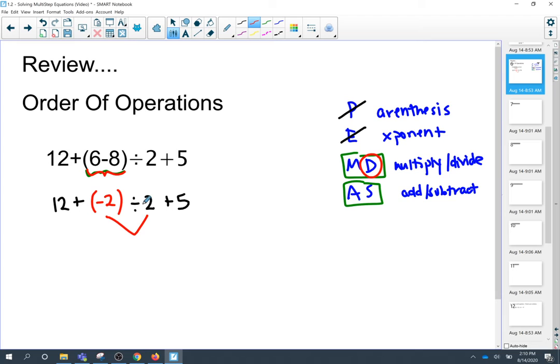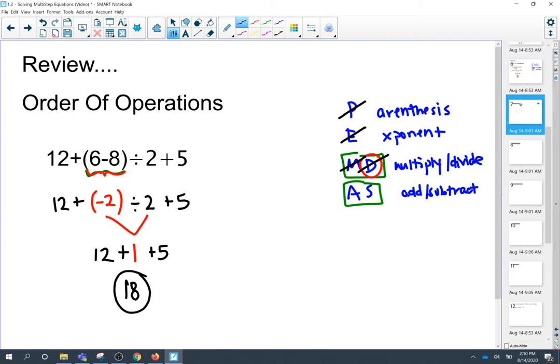So -2 divided by 2 is -1. Then I bring down. I had a plus 5. I had a 12 plus. Division is gone. There was no multiplication. Addition or subtraction, I just have addition. So at this point in time, 12 plus 1 is 13. 13 plus 5, 13, 14, 15, 16, 17, 18. And 18 is our final answer.